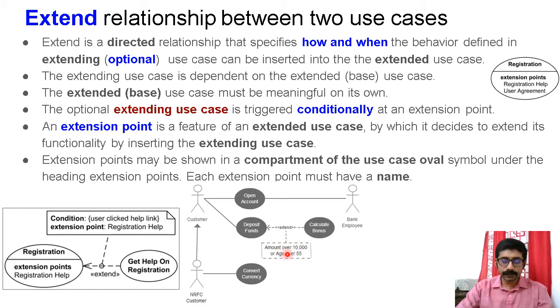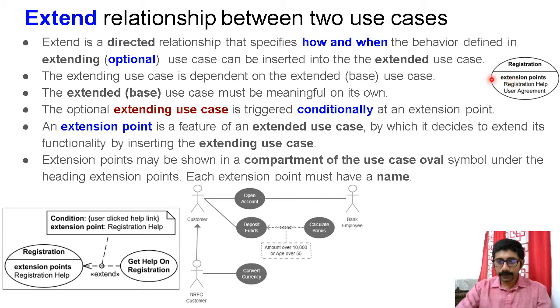If this condition is met, that means this fund deposit reaches its extension point, then it will include the functionalities of the extending use case. In short, if the deposited fund is above 1,000 or the customer age is above 55, at the time of fund deposit, it will calculate the bonus. Otherwise, it will not. So that is the summary of the extend relationship between two use cases.